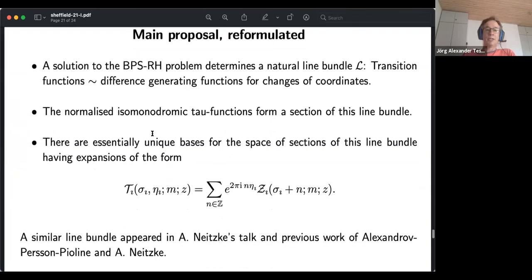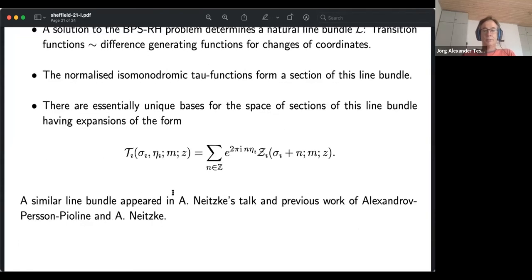The normalized isomonodromic tau functions form a section of this line bundle, and there are essentially unique bases for the space of sections of this line bundle where we have this magic series expansion of the type that was discovered by Oleg Lisovyy and his collaborators, and which have subsequently gained a lot of prominence and a lot of other derivations as well as interpretations.